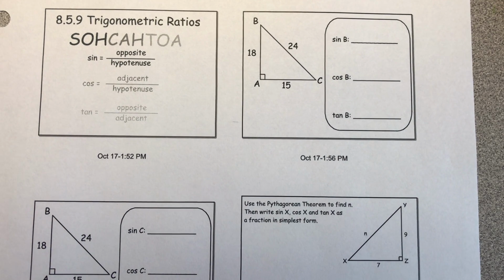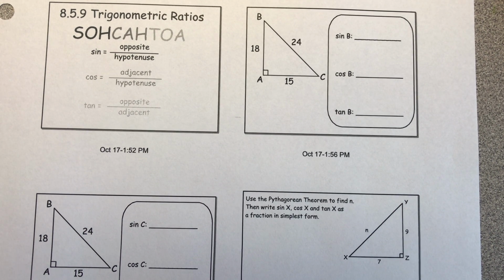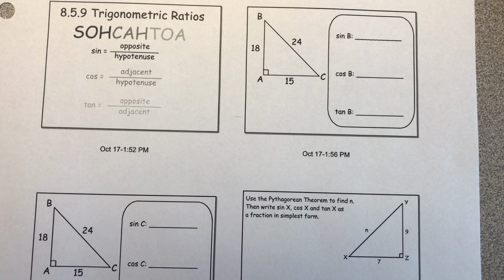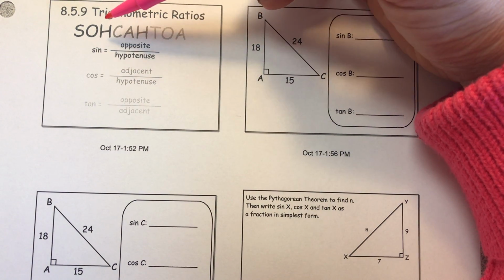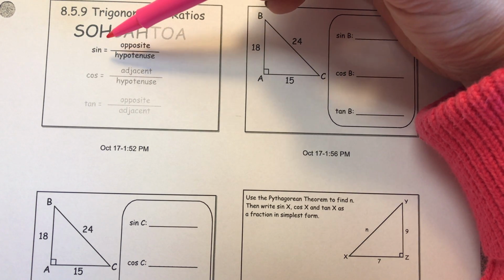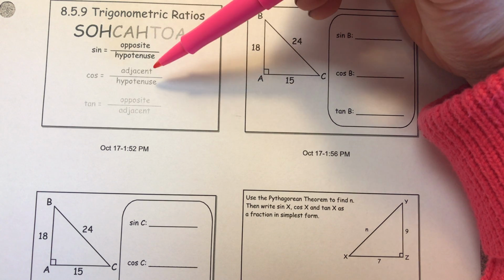Okay, today I'm going to introduce you to a really cool application of ratios, and it's three trigonometric ratios called sine, cosine, and tangent. There's a special way to remember them, and it is SOHCAHTOA. SOH stands for sine equals opposite over hypotenuse.